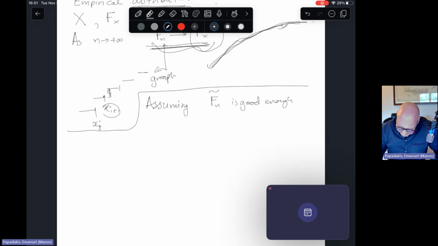What does good enough mean? Sort of close to the unknown distribution of the random variable.